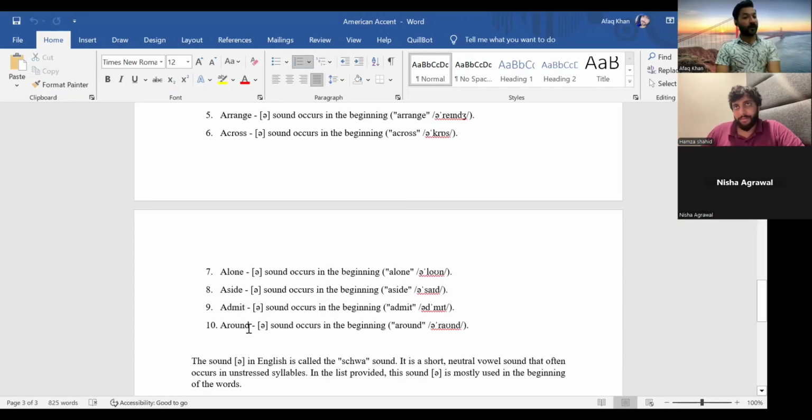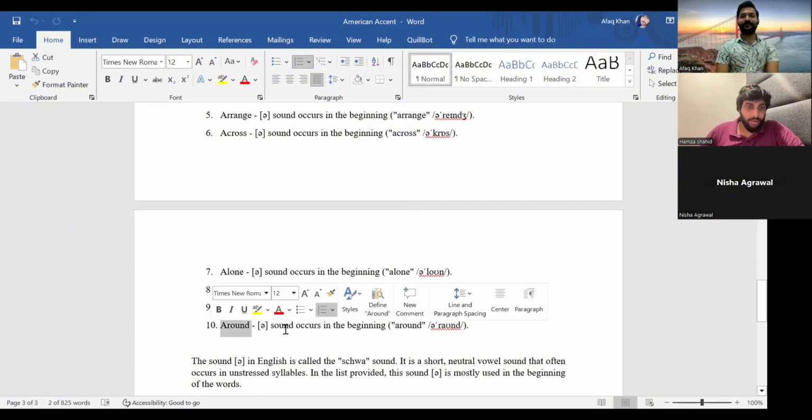Okay, now we're going to look at the last example, and I want you to use this word in a sentence for me, Nisha. Okay, Nisha, can you hear me? She is around me. I want you to say that again.